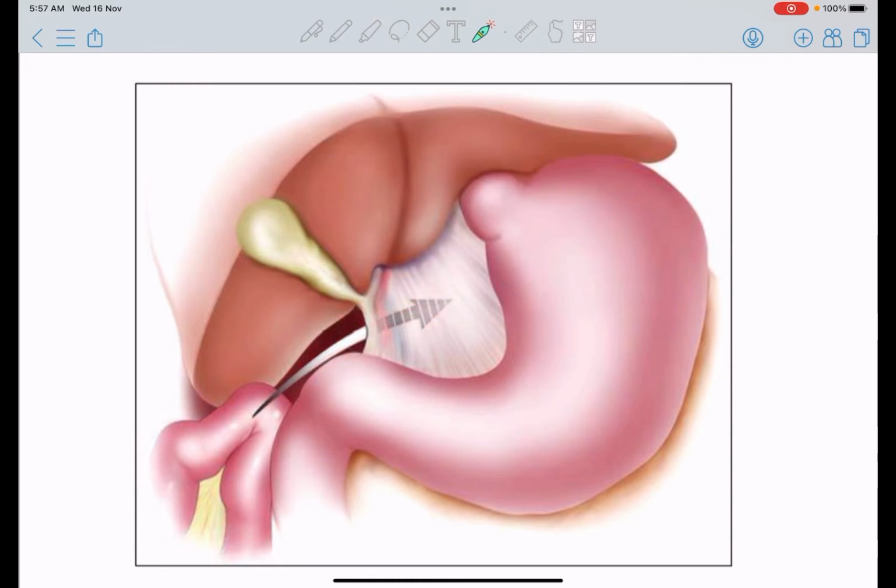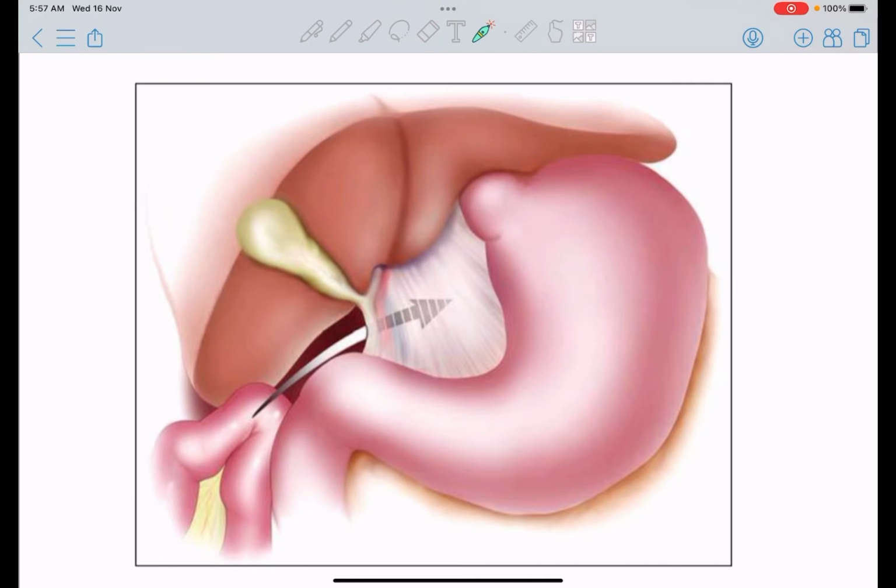So internal hernia is defined as the abnormal protrusion of viscera through an abnormal opening or an enlarged opening within the confines of the peritoneal cavity. However, this bowel stays within the peritoneal cavity.